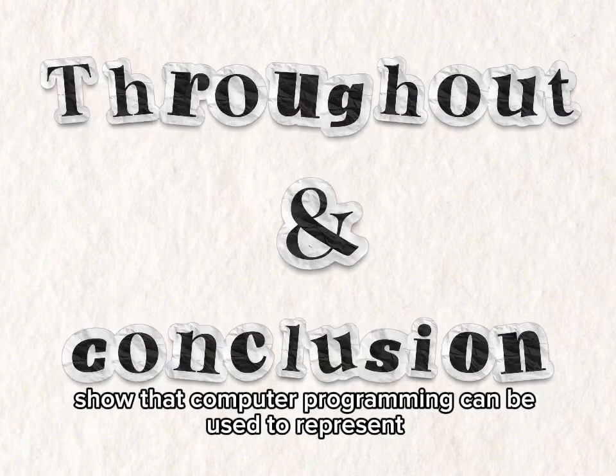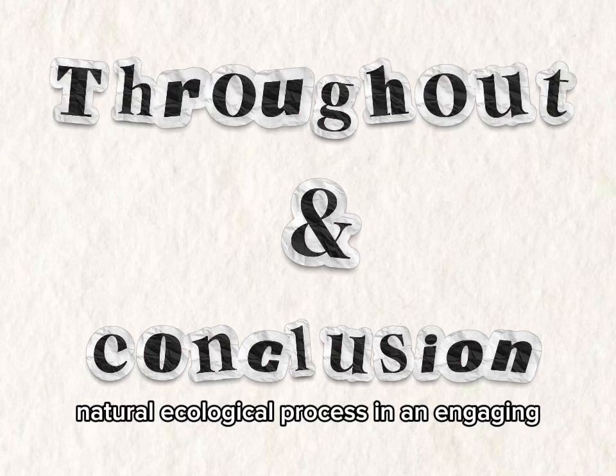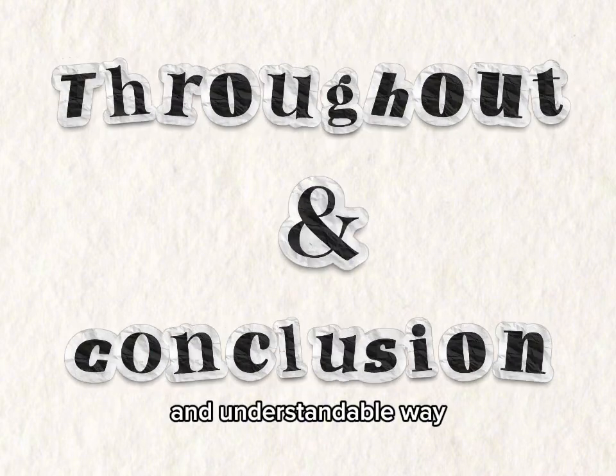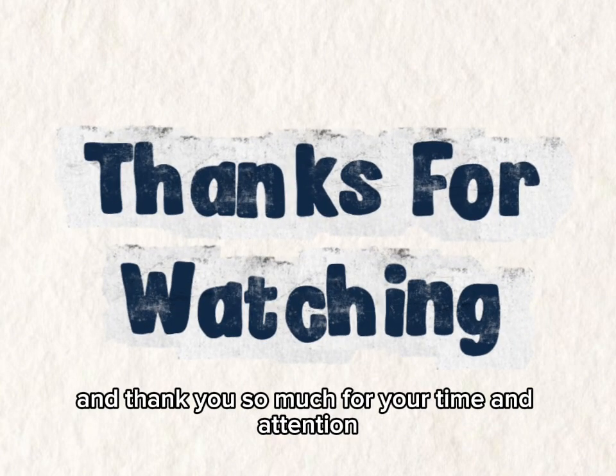Overall, this work shows that computer programming can be used to represent natural ecological processes in an engaging and understandable way. That's all, and thank you so much for your time and attention.